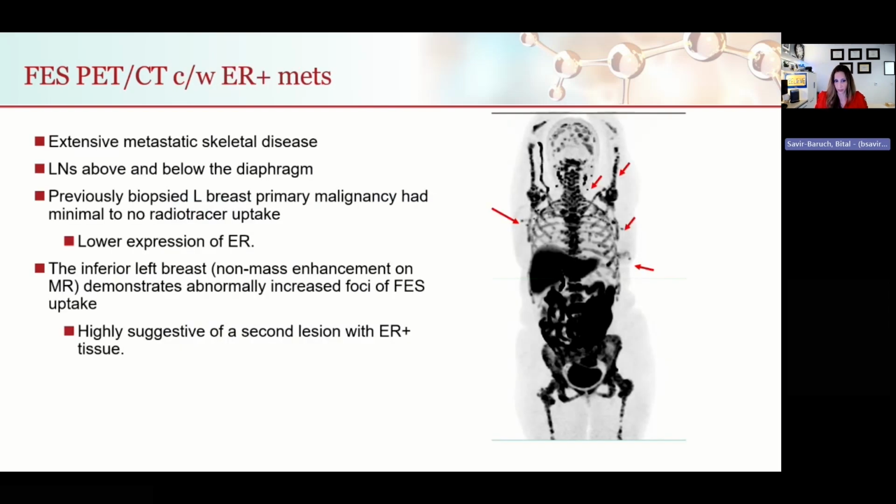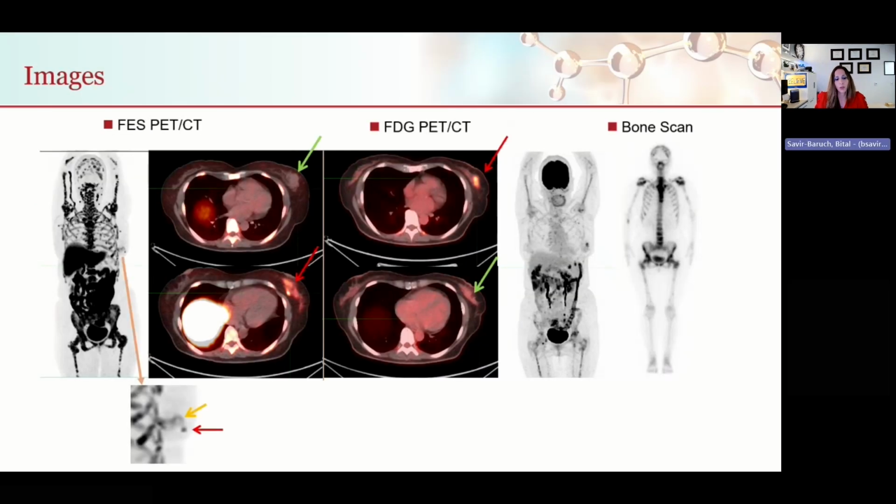So this is her FES, and we can clearly see that there is diffuse osseous uptake, and on top of it, there is breast uptake and multiple lymph nodes. If we put those two images side by side, where the left one is the FES and the right one is the FDG PET-CT and the bone scan, we can definitely see that there is complete discordance.